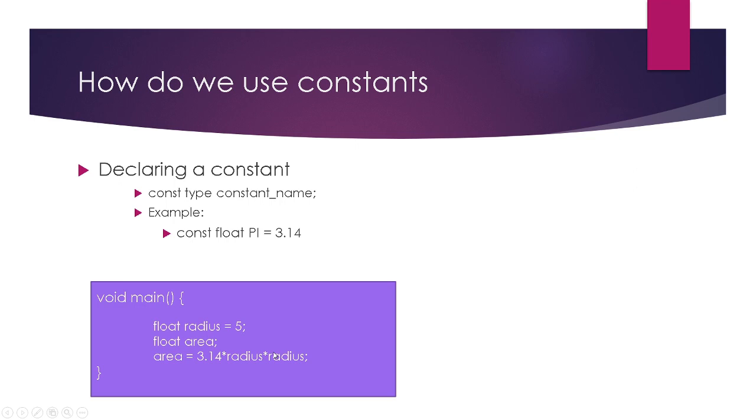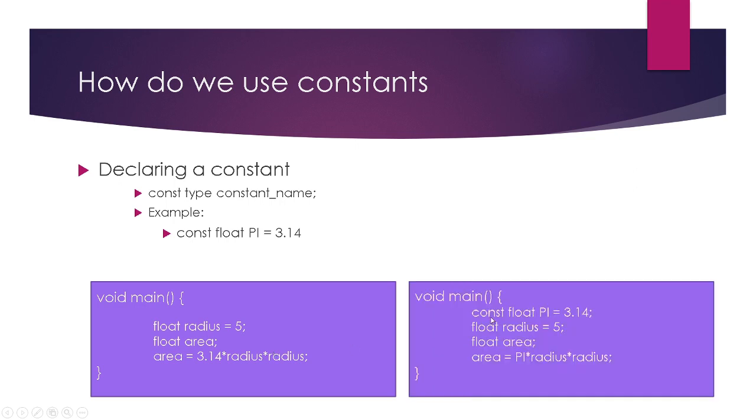Okay. But if we are using constants, first I'll declare the constant. I'll write const keyword. Then I will write the data type of the constant, and then the name of the constant, and then the value of the constant. Okay. So next time, whenever I want to use 3.14, I just need to write pi. So there are two advantages of this. First, it improves readability.